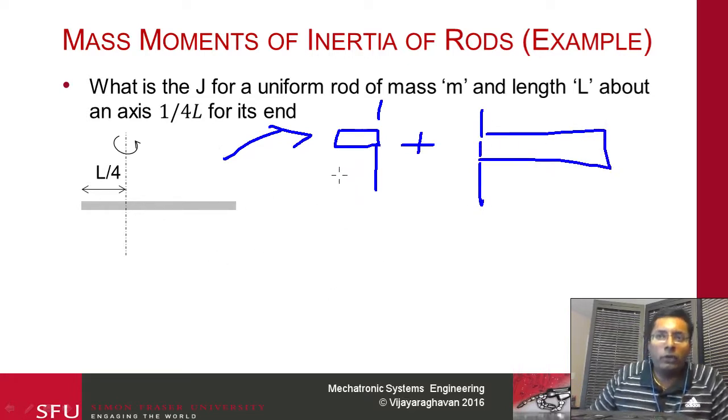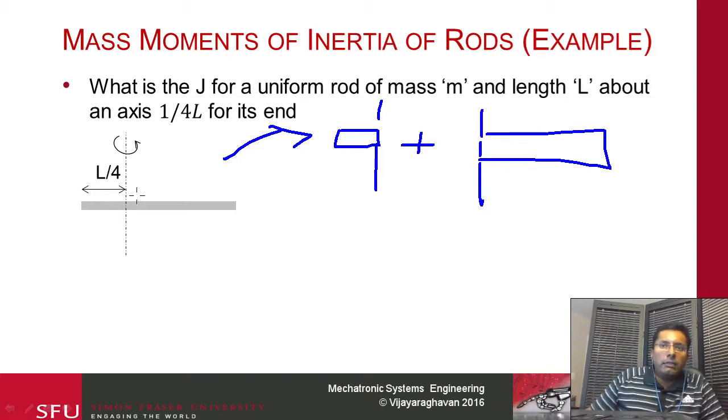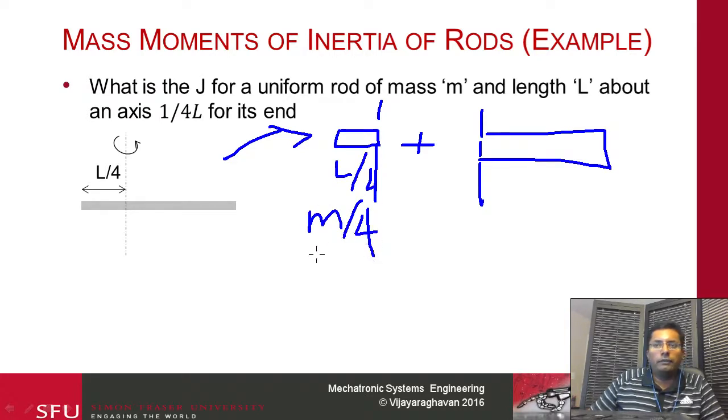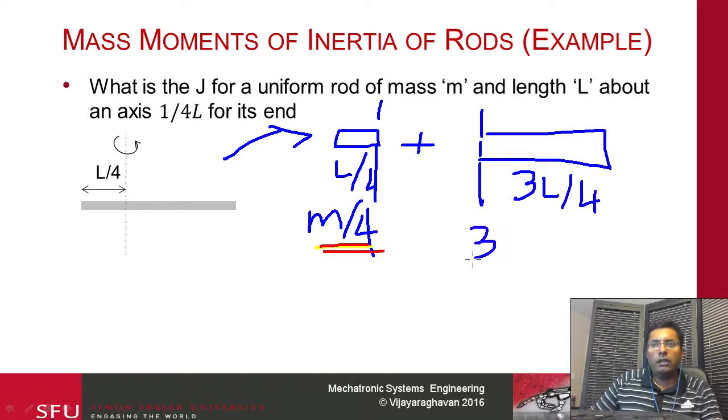Need to be a little careful over here. When I cut the beam over here, this length becomes L over 4. This mass also becomes M over 4. This is important. Same way for this guy, the length is 3L by 4. This mass is going to be 3M by 4.